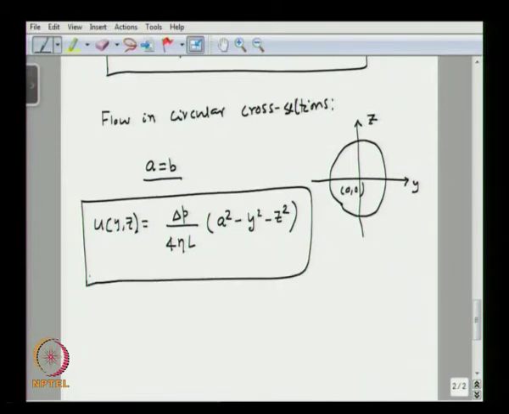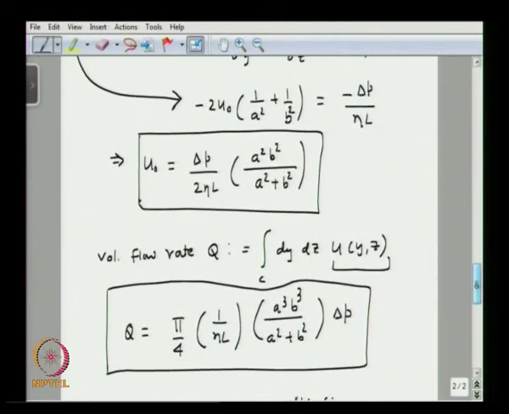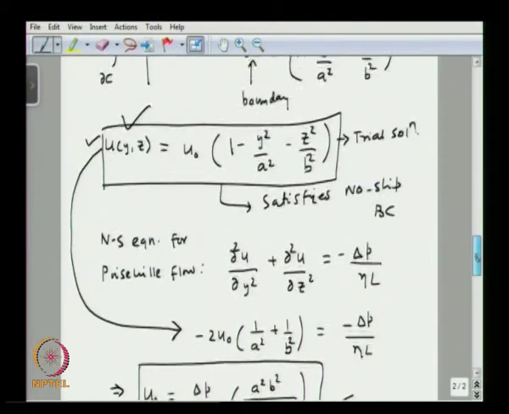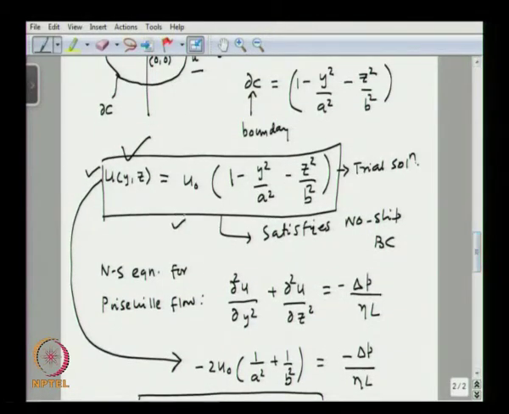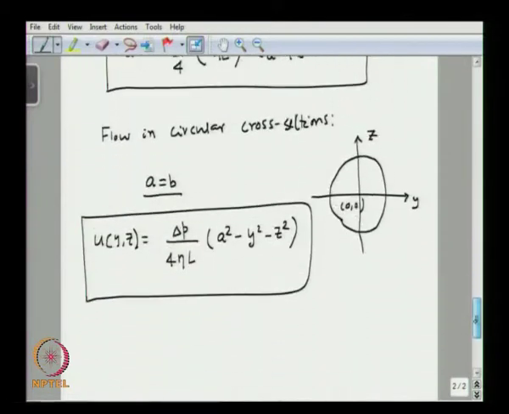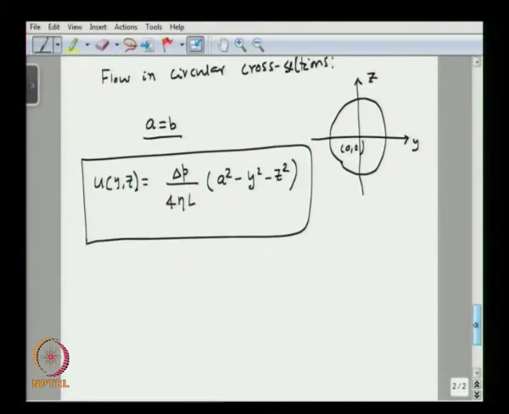So basically what you do is you substitute A equal to B in this equation. So get an expression for u 0 and then substitute here to get the velocity field. So that is what you would get. Okay. So this is nothing but the expression for the velocity field in case of flow through a circular cross section, okay, in Cartesian coordinate.